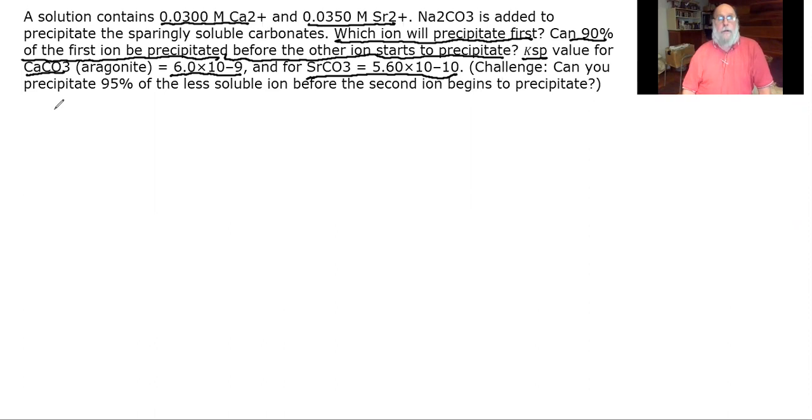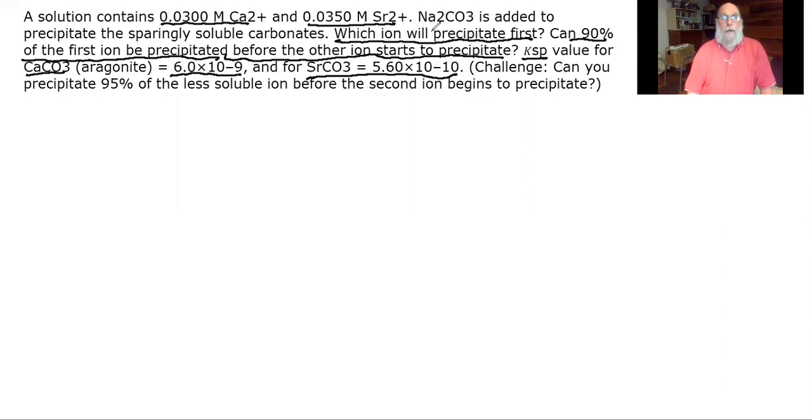So in this particular case, we have some soluble form of calcium ion and of strontium ion, and we're going to precipitate them as the carbonates by adding the soluble sodium carbonate.